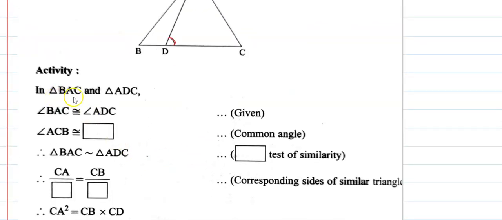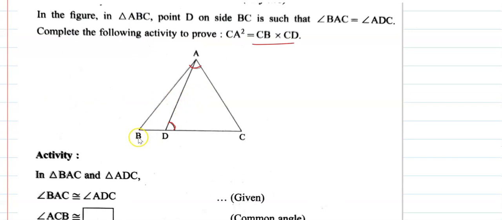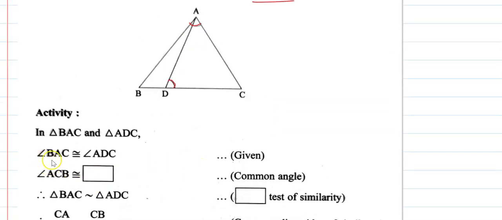In triangle BAC and triangle ADC, we have angle BAC is congruent to angle ADC, and this is given.